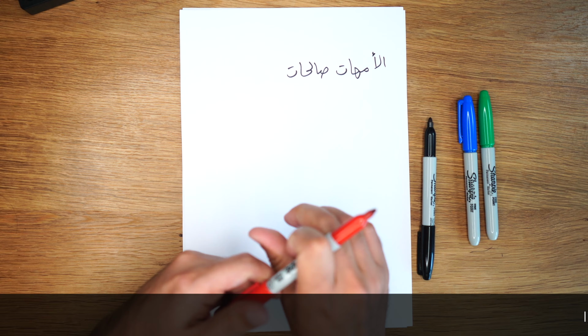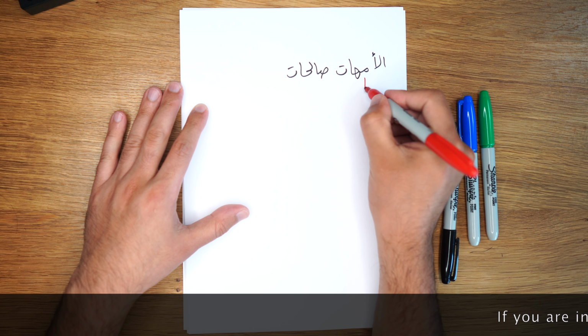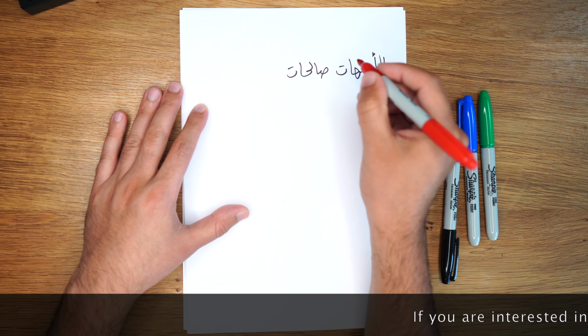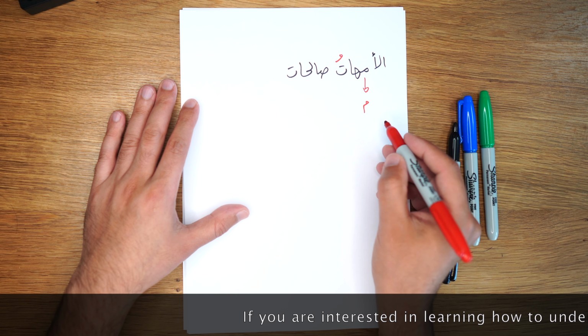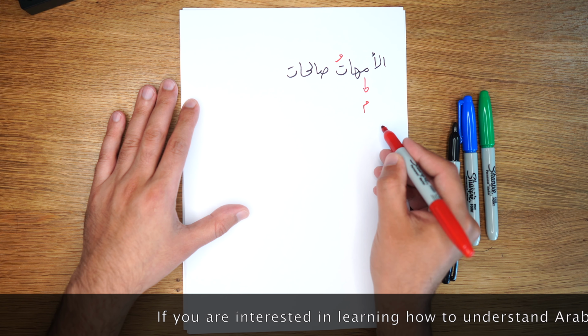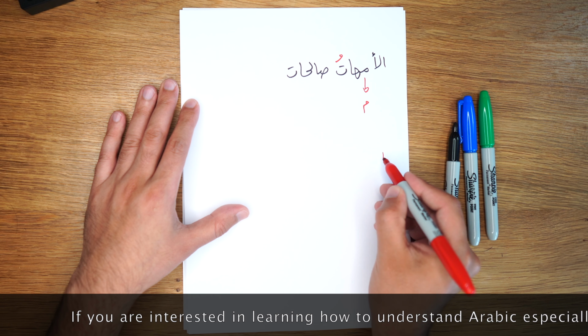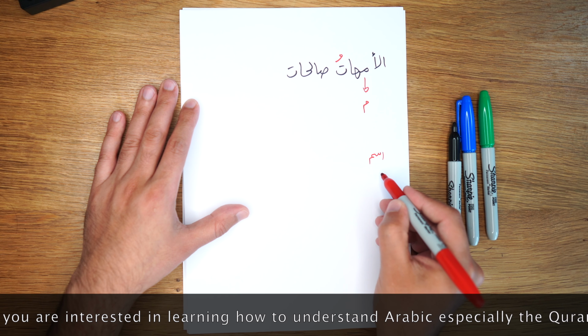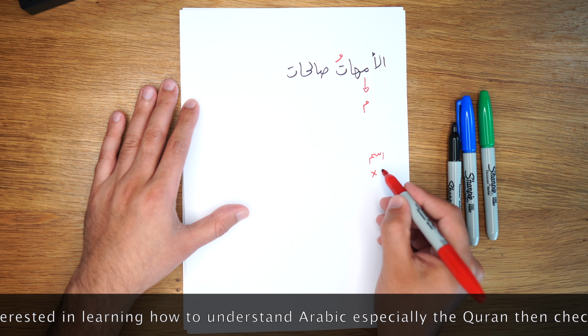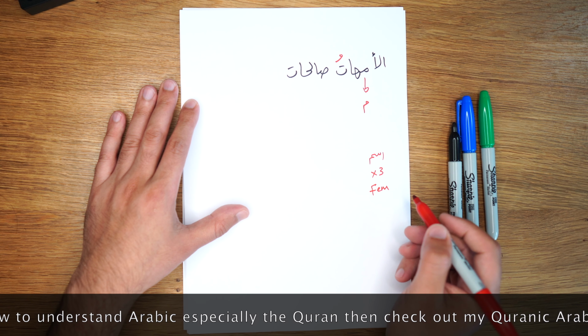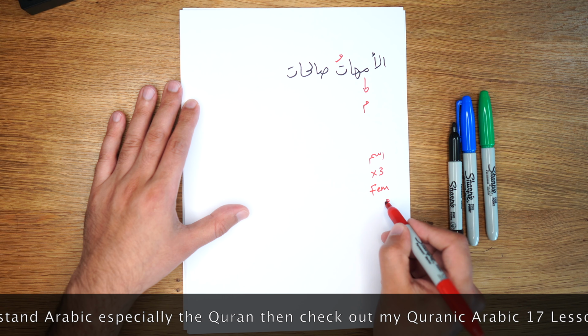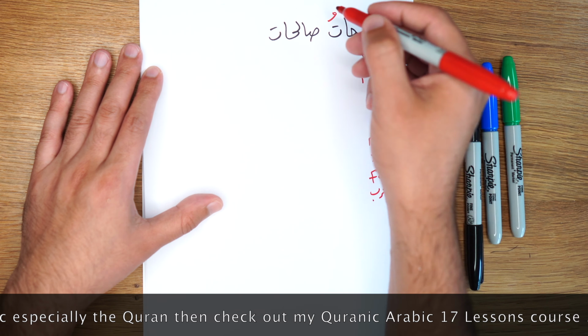Right, so if we were going to break this down grammatically, how are we going to do it? Well, we're going to say al-ummahat is the mubtada. And this word is obviously an ism. It's feminine, mu'annath, and it's times 3 plural. And it's actually a mu'rab word where the vowels change.